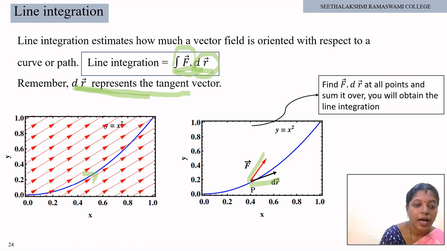In this way, I have to measure it at all points along the curve and sum it up. That results in the line integration. So in line integration, you measure how much the vector field is oriented with respect to the path.